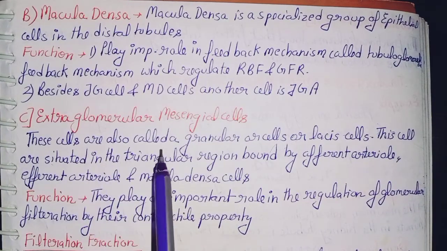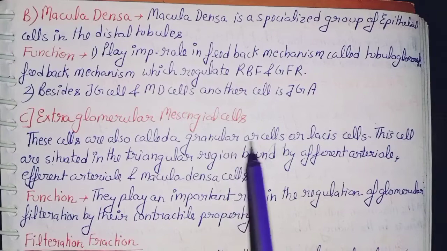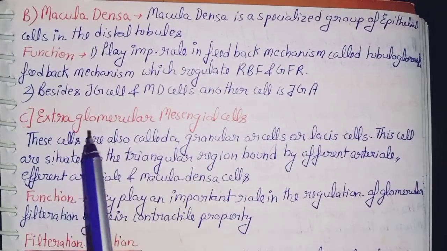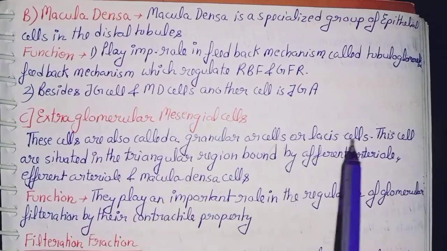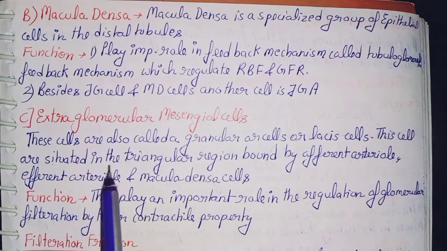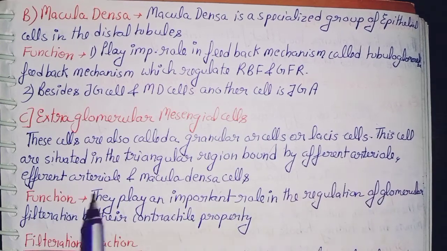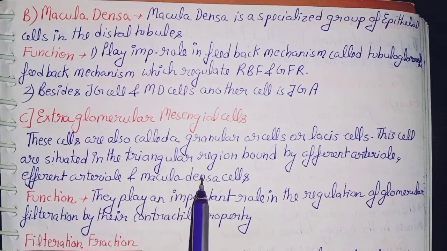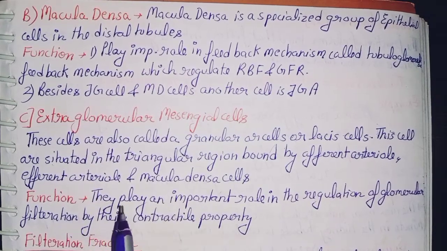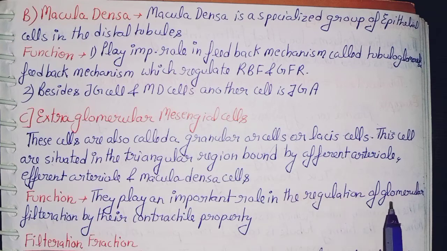These cells are also called agranular cells or Lacis cells or extraglomerular mesangial cells. They are situated in the triangular region bound by the afferent arteriole, efferent arteriole and macula densa cells. Their function is to play an important role in regulation of glomerular filtration by their contractile property.